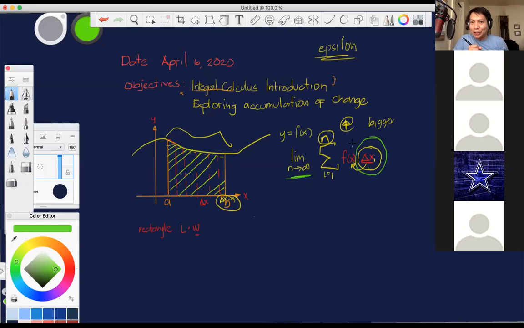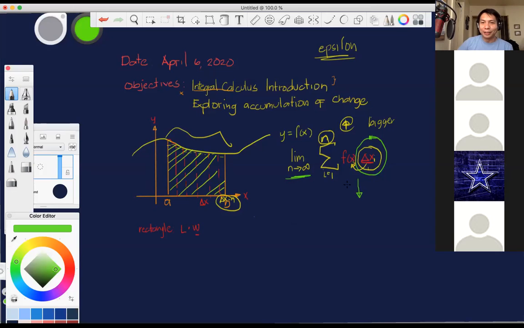Now, what happens, guys, if we make your delta x very, very small? What is the symbol when we try to make things very, very small, when we try to approach them to zero? Can you guys still remember what our symbol for that is? Ideas, Kaylee, Danny, Savannah, Brandy, Ali.